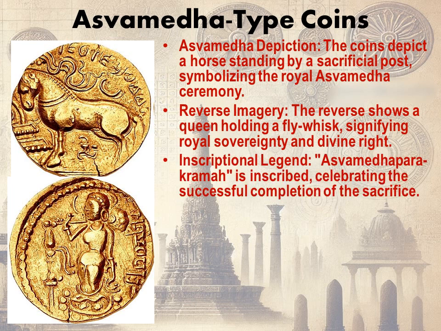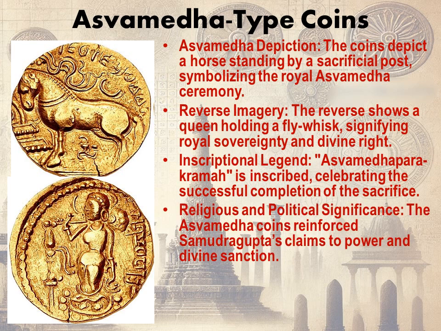Ashwamedha Parakrama is inscribed, celebrating the successful completion of the sacrifice. So, this legend has been found in the Ashwamedha type coins of Samudragupta, which indicates that there was a successful completion of the sacrifice. The Ashwamedha coins reinforce Samudragupta's claims to power and divine sanction.